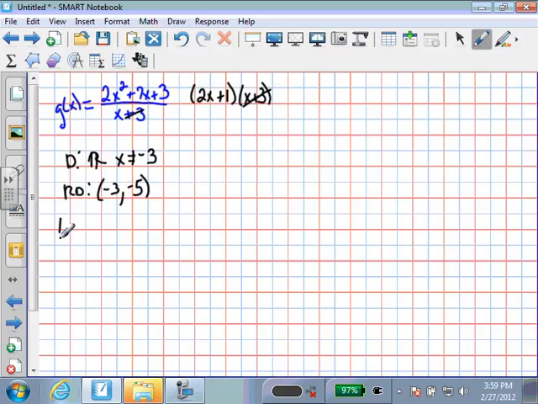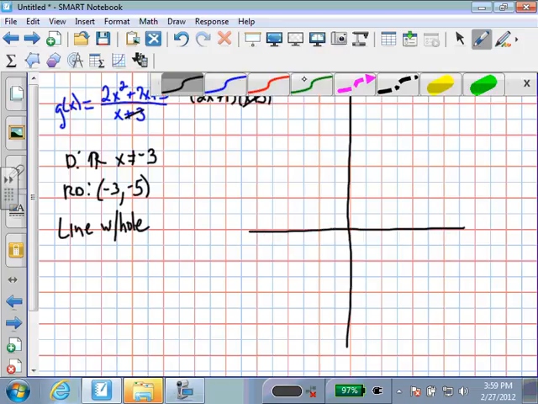So at this point I realize I have a line with a hole in it. The hole is at -3, -5.